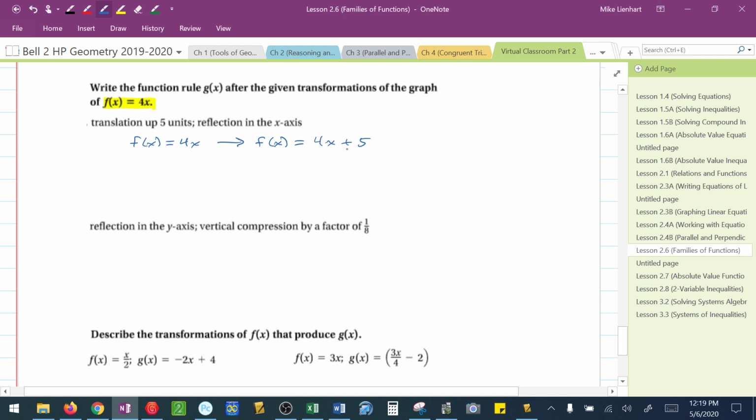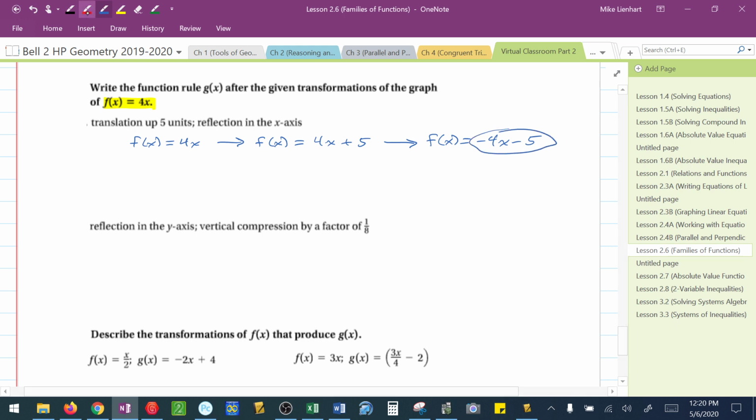Notice the plus 5 is outside. Now, if I reflect over x, that's a negative in front. So then f of x would be negative 4x minus 5. I distributed the negative there. This is my final result.